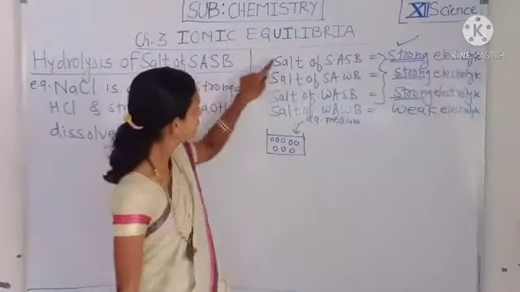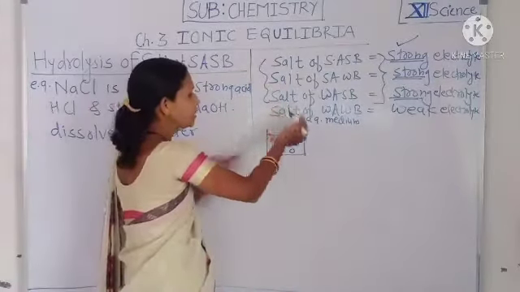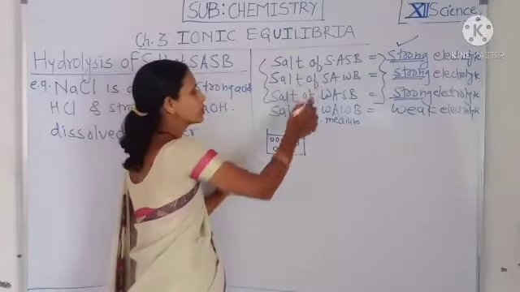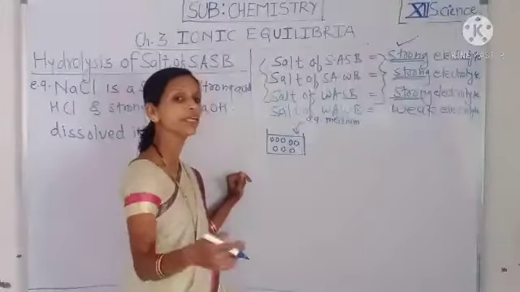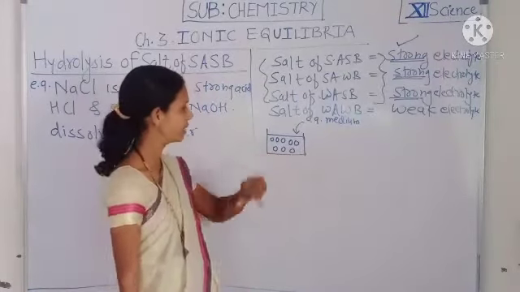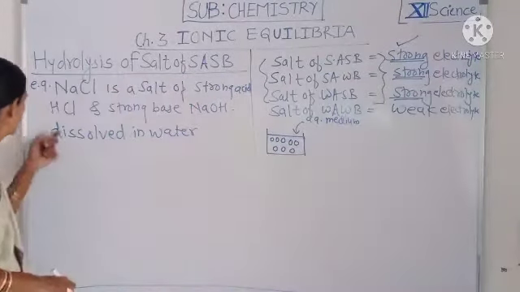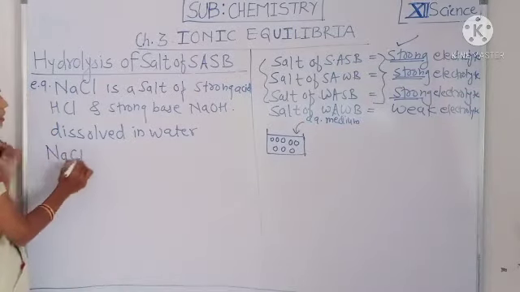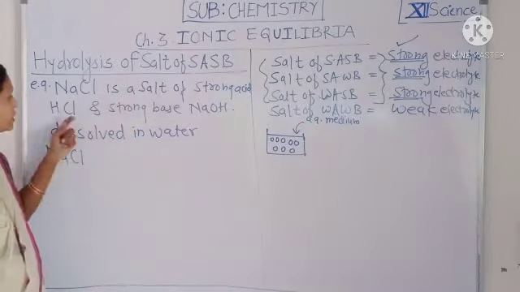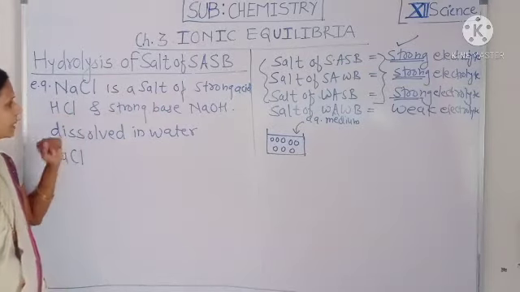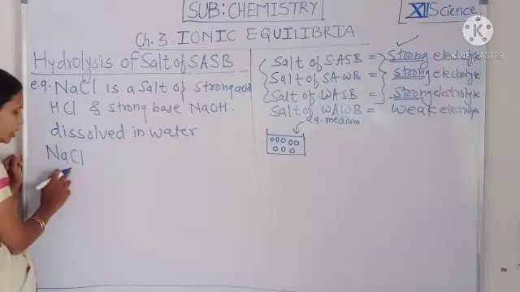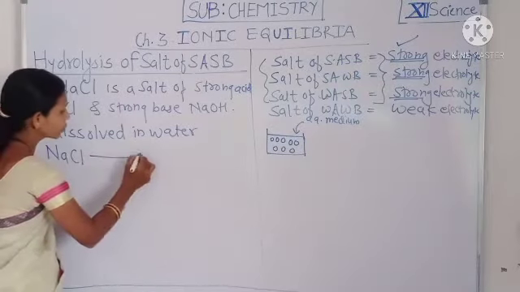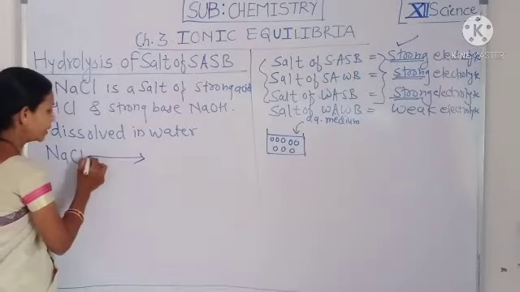These 3 types of salt, when dissolved in water, dissociate completely and give more and more ions. NaCl, a salt of strong acid and strong base, is a strong electrolyte. It dissociates completely.